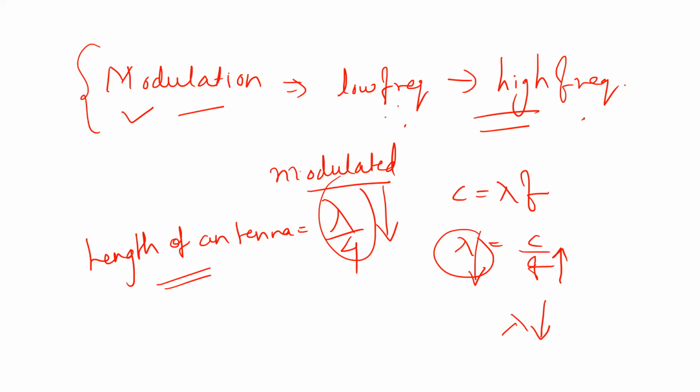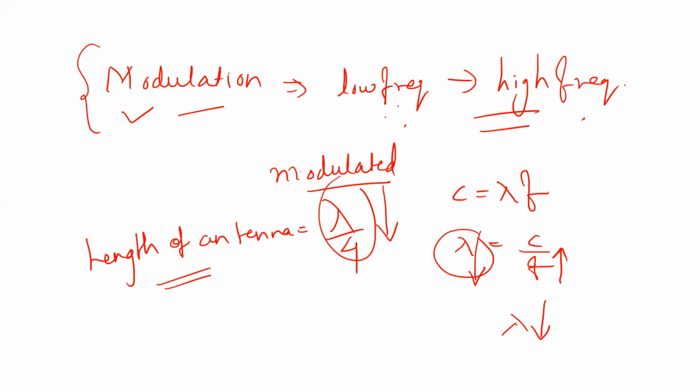No, it's very clear. So these two points that we have learned: what is modulation, what are the different types of modulation, amplitude, frequency, phase, and why we apply modulation. Modulation is related with the antenna, and the antenna is related with lambda, the wavelength.